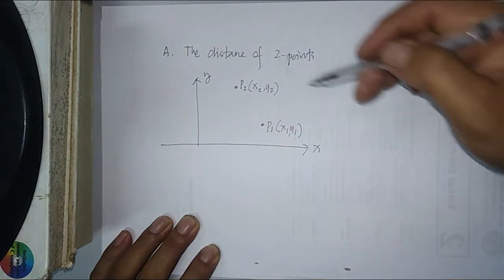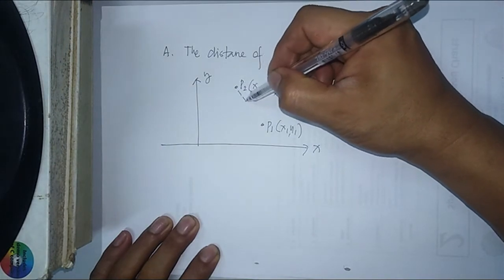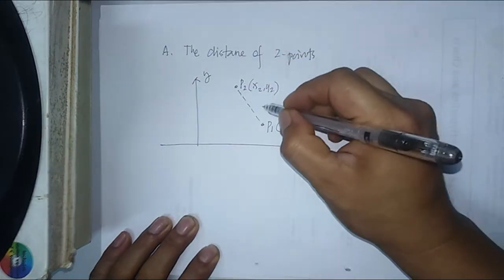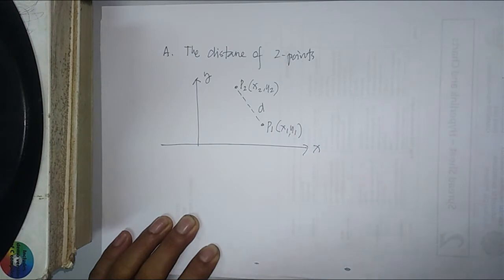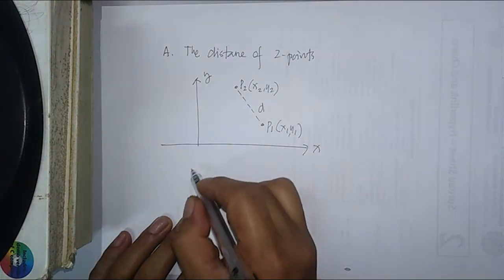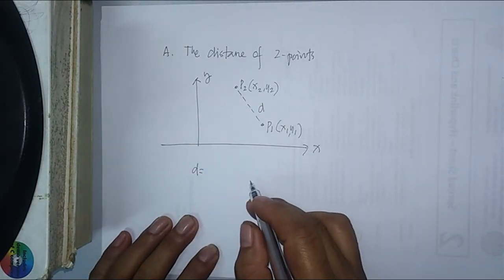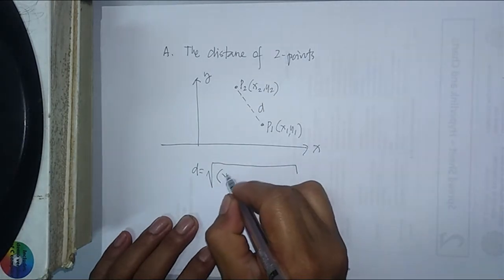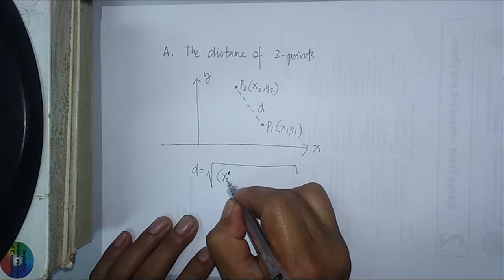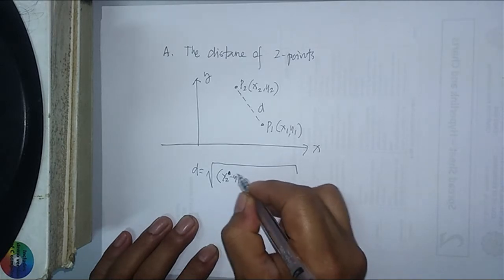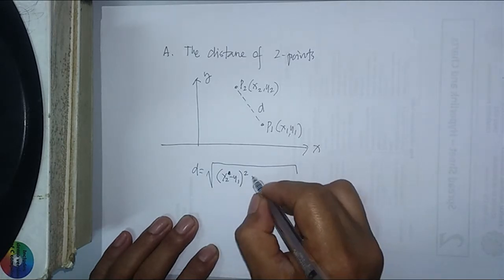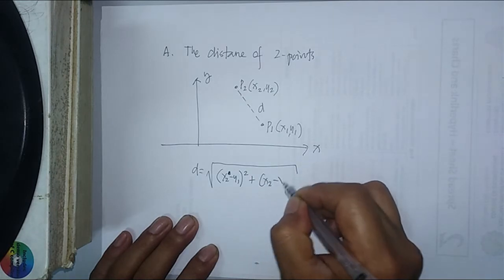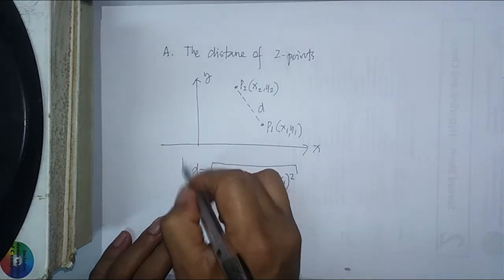In your pre-calculus subject, you learned how to solve the distance between 2 points. The distance of 2 points is equal to the square root of y2 minus y1, quantity squared, plus x2 minus x1, quantity squared.